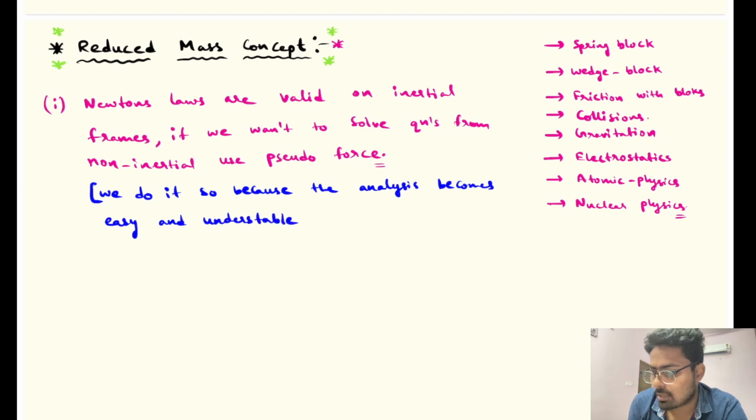In some situations it is very difficult to see what scenario is actually happening from the ground frame. But by going into some accelerating frame, you are able to judge and visualize what is happening there. So that is the reason we go into a frame: to ensure that the analysis becomes easy, right?